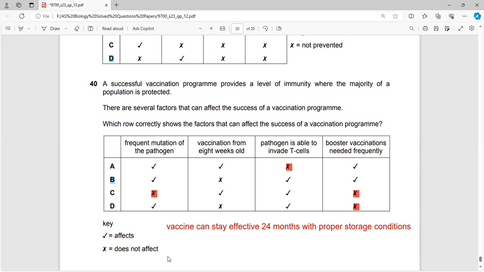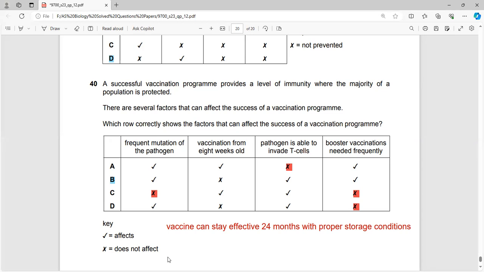Vaccination from 8 weeks. So the time is very short. A vaccine can stay effective for up to 24 months with proper storage conditions. So that's why this is a wrong option. It's not affecting. Pathogen is able to invade a T cell. This is called pathogen concealment.